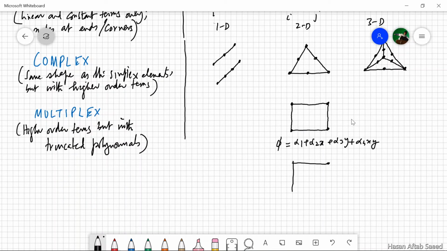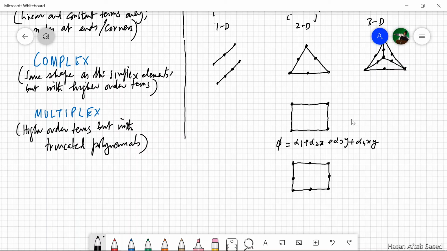Another variety, same shape, rectangular element, but this time we have the nodes in between as well. So you have 8. Now if you go on to add the complete second order terms, you'll only have 6 terms. But if you go on towards adding the cubic terms, then you will end up with 10 terms.